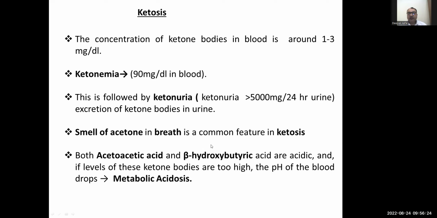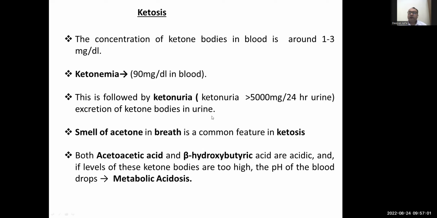And during the process of ketosis, there will be a smell of acetone in the breath, and that smell of the acetone is fruity, and that acetone is a volatile substance. And both acetoacetic acid and beta-hydroxybutyric acid are acidic. That's why if the level of these ketone bodies is too high, the pH of the blood will drop, and it will lead to metabolic acidosis.